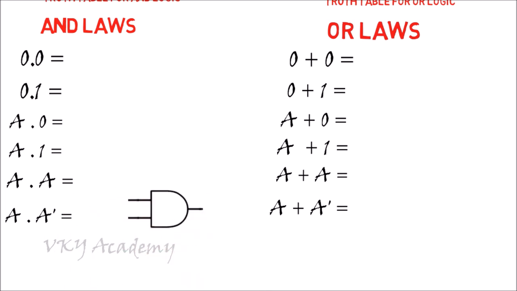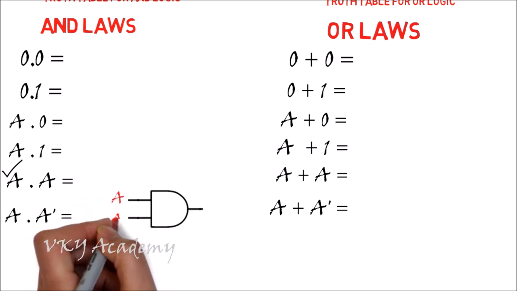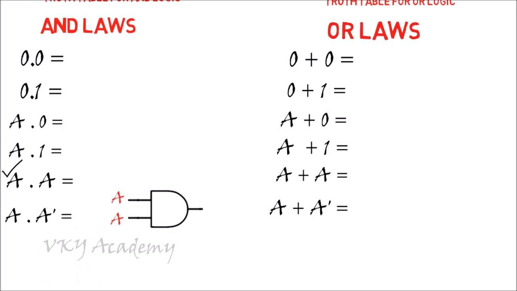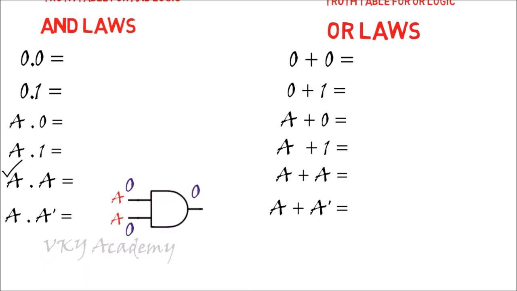Now let us explain the AND law with the help of an AND gate symbol and take this example. As both the inputs are A, apply A to both the inputs. If A equal to 0, 0 will be supplied to both the inputs. 0 and 0 will always be equal to 0.